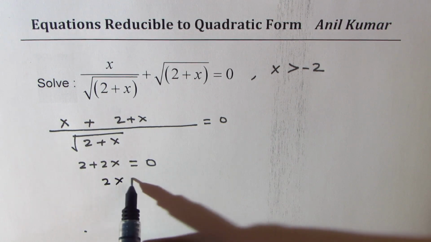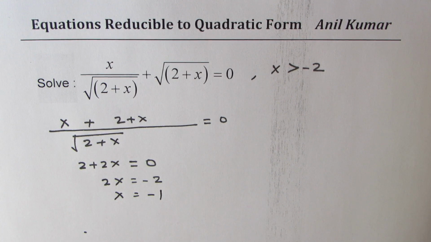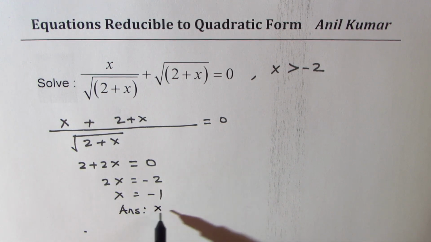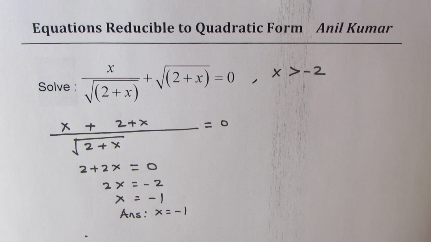So you can say 2x equals minus 2, or x equals minus 1. So we get x equals minus 1 as our solution. So that is the answer. I hope the steps are absolutely clear. Let's move on and take up the next question.